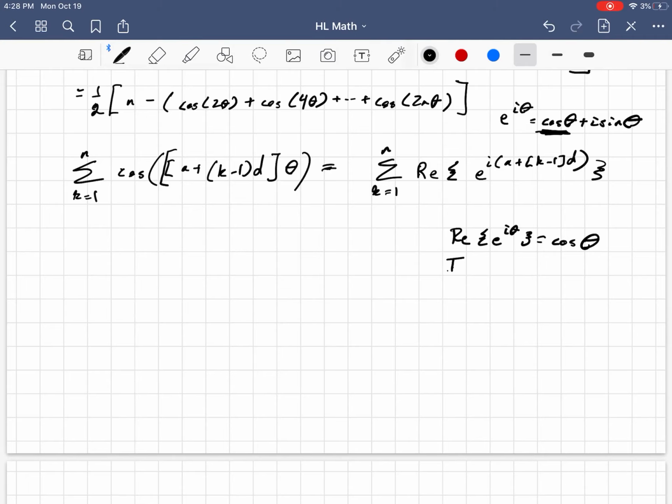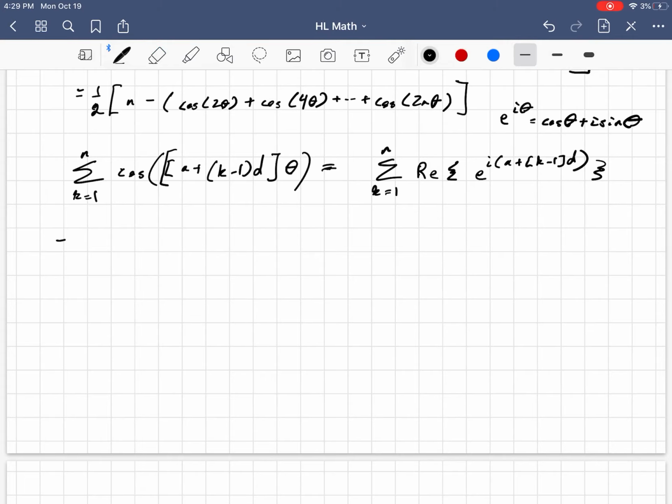Likewise, we define what's called the imaginary part of e to the i theta to just be the sine of theta. And so it's just whatever has an i attached to it. We don't include the i already because we know it's the imaginary part, and so it's already going to have an i out in front of it to begin with. So that's just some notation that we're going to use here.